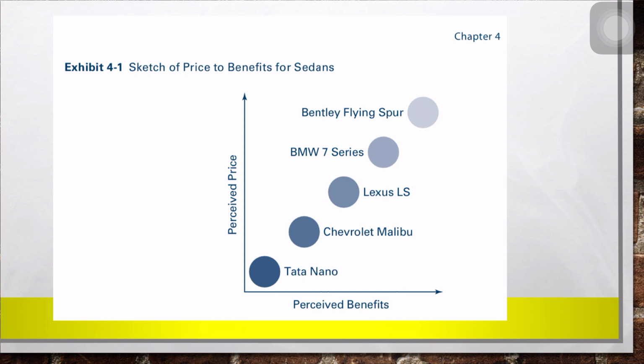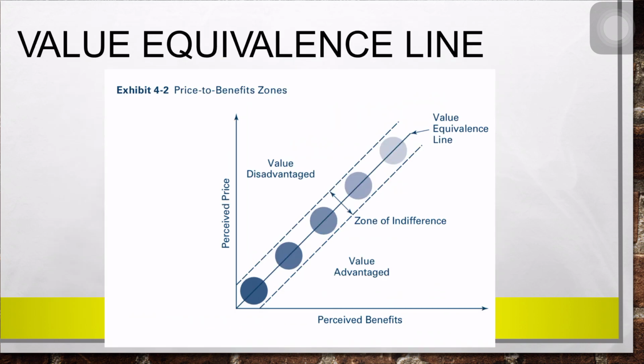Next, the value equivalence line. In our sketch of the perceived price against perceived benefits in the sedan market, products are positioned along a line. This line is called the value equivalence line.